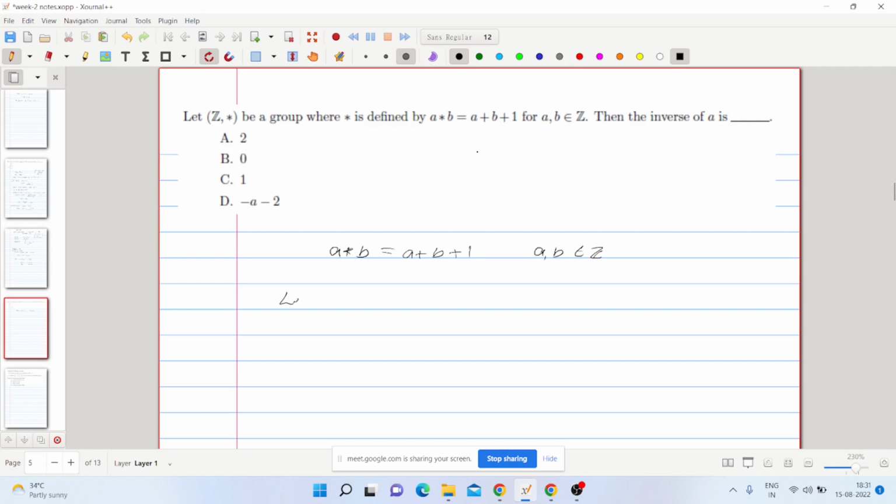Let b be the inverse of a. The inverse is unique. So a star b equals b star a equals the identity, right?